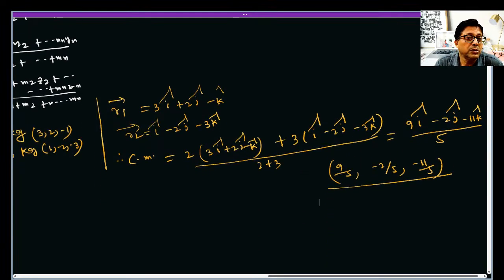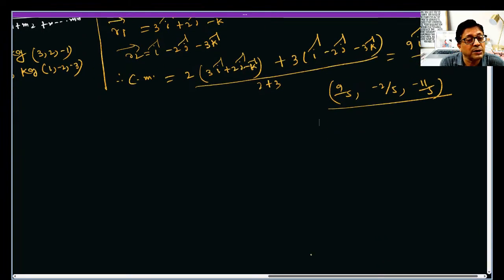Now position of center of mass we can find for system of particles. If you go from system of particles to rigid bodies, how do you find it? This for n-body system we can find by the same method. How to find center of mass for rigid body?